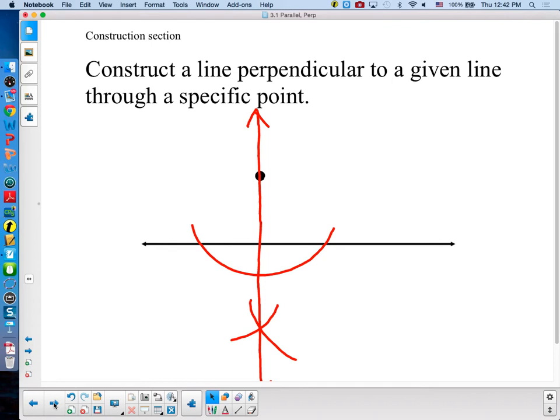We're going to go without a protractor and end up with a 90-degree angle. So in your notes, put the title, write that you're going to construct a line perpendicular to a given line through a specific point. So that if I put that on your notebook check, you would know which one to find.